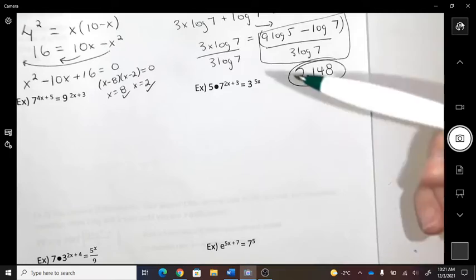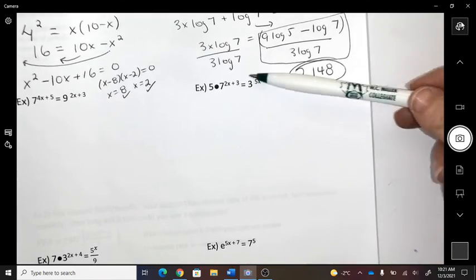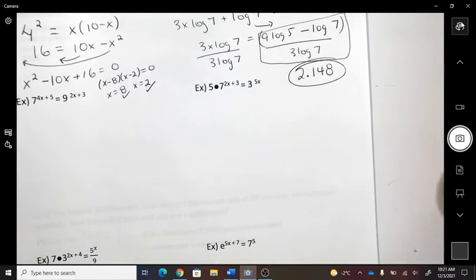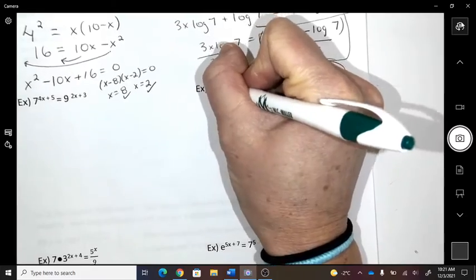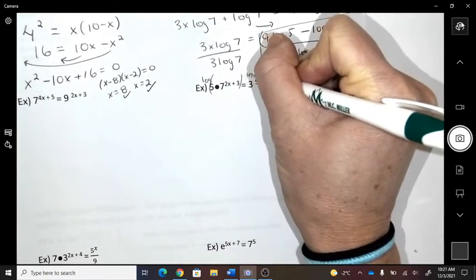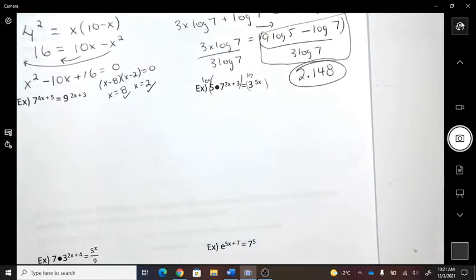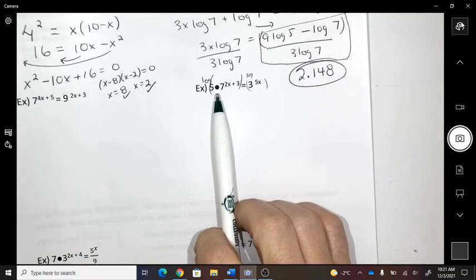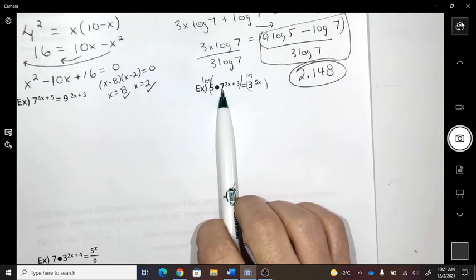Okay, so I have exponents that have variables. So I'm going to log both sides. Okay, you ready? The rules. I had something connected with multiplication.